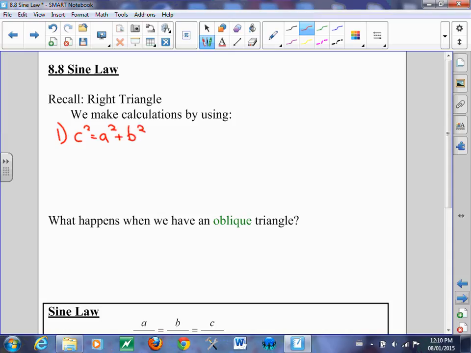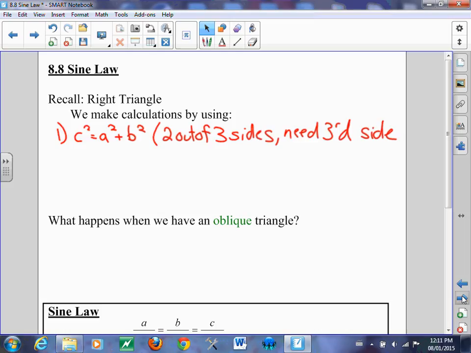And we use that when we have 2 out of 3 sides and we need the third side. Okay, so that's when we use Pythagorean theorem.